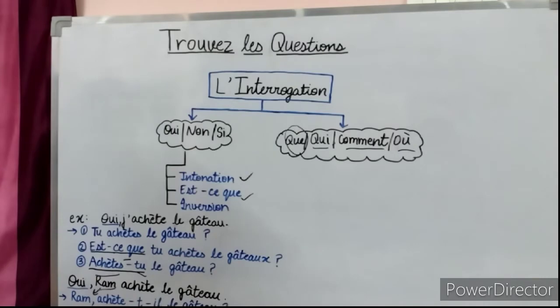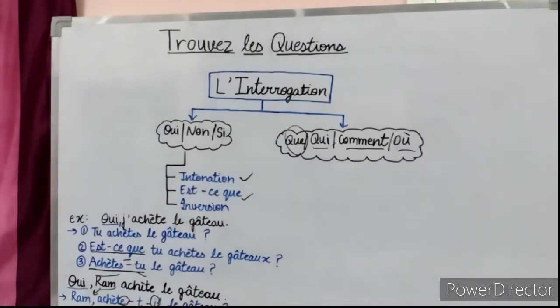Now achète and il both have vowels: il has a vowel in front of it, and achète has a vowel at the end. We cannot say achète-il, because the sound would mix. So what we do is put a t in between with hyphens, so that the sound doesn't mix and it is more convenient to pronounce. So you'll say Ram achète-t-il le gâteau?